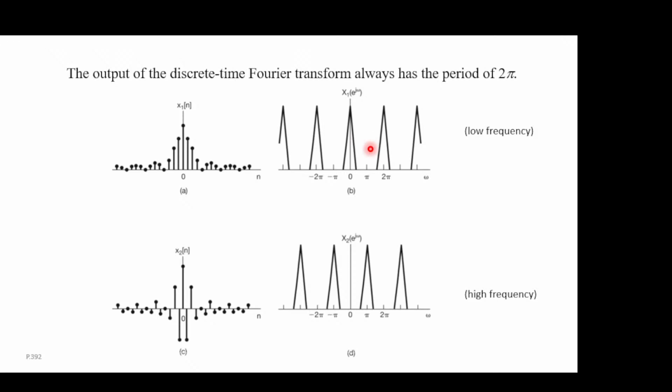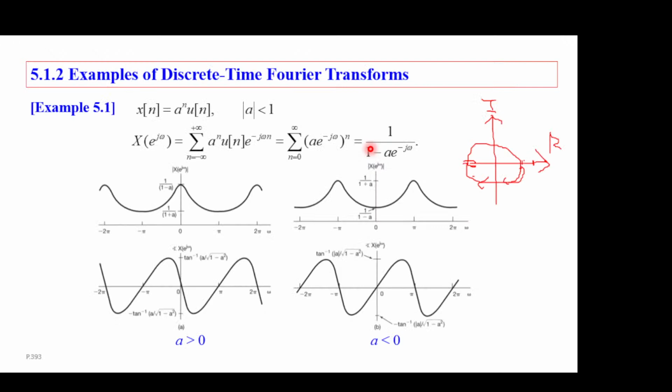Okay, so that's the qualitative talk. Let's see an actual example with calculation. So our favorite function is this one-sided exponential decay. It's u of n, so it starts at n equals 0, times a to the n, and we want things to converge, so we have the absolute value of a less than 1.